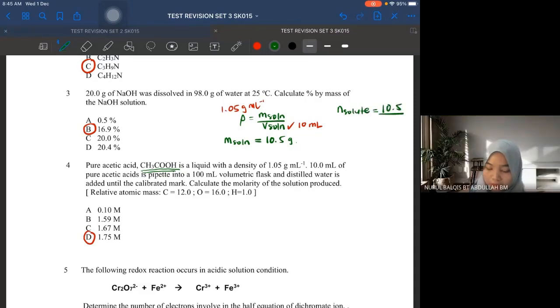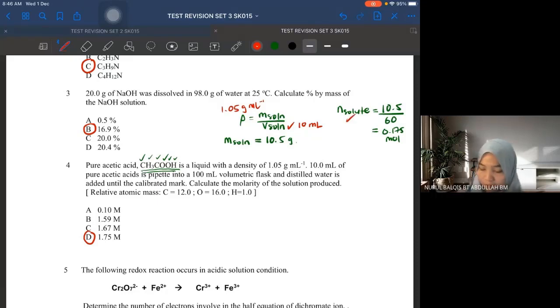We know our acetic acid, kita buat 12 tambah 3, 15. 15 tambah 12, 27. 27 tambah 32, 59. 59 tambah 1, 60. So 10.5 bahagi 60, then you will get mole of 0.175 mole. So you already secure your mole of solute.